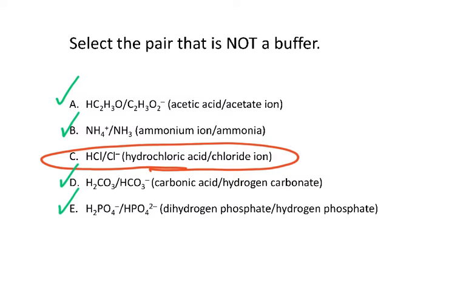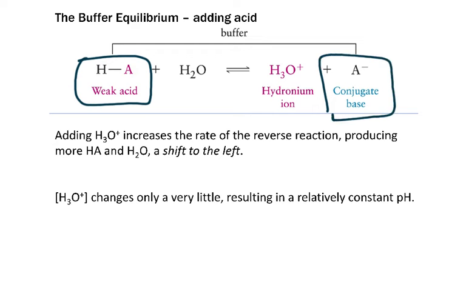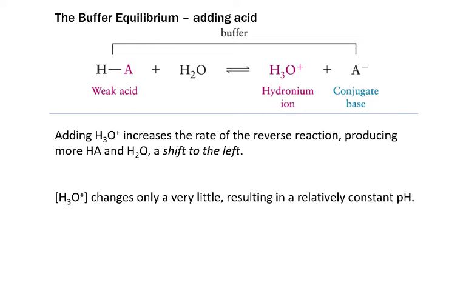All right, so let's look at some chemical equations and figure out how this buffer works and why it's resistant to change. So we have a buffer, let's say, of a weak acid, HA, and its conjugate base, A-. So we can write a chemical equation for the acid when it is in water, right? Hydronium and conjugate base. But here's the important part, it is an equilibrium, right?